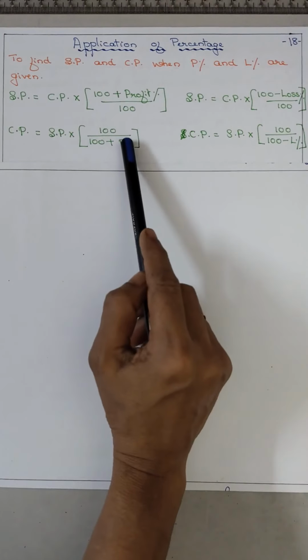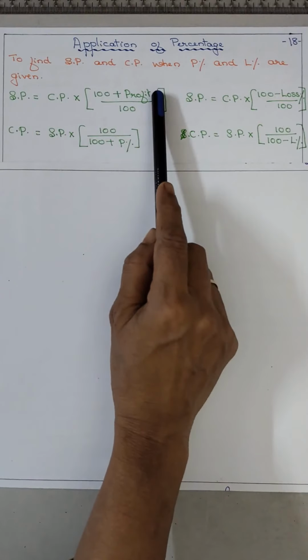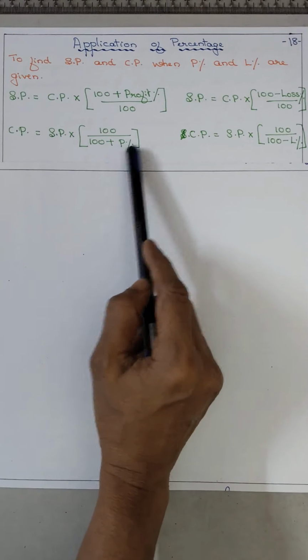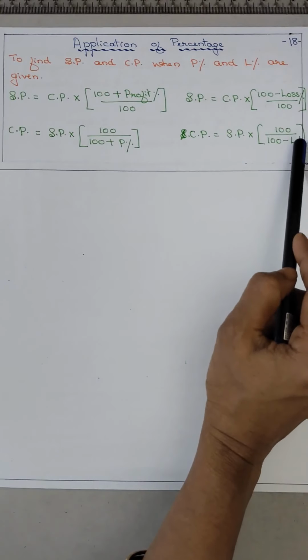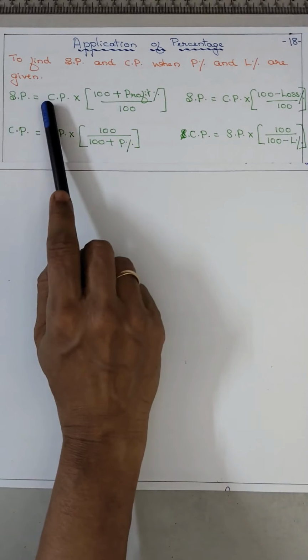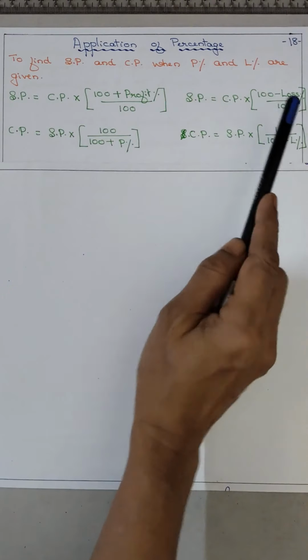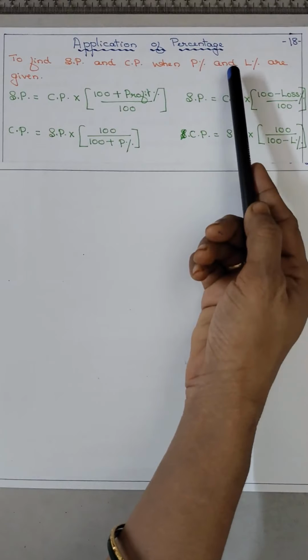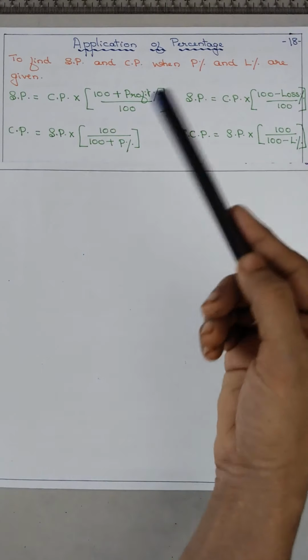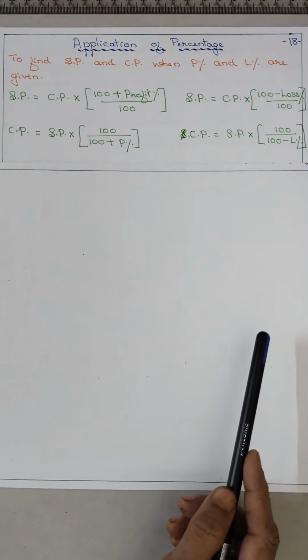In both cases, when profit percent is given, you add it to 100. When loss percent is given, you subtract from 100. For SP, the addition or subtraction will be in the numerator. To find out the CP, it comes in the denominator.